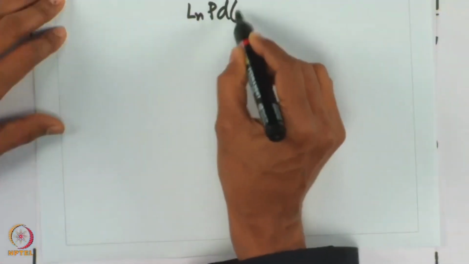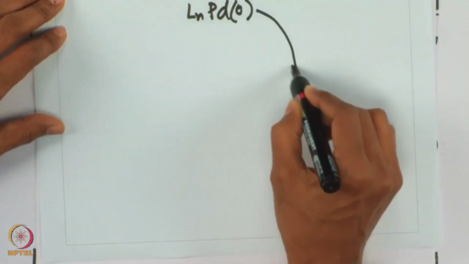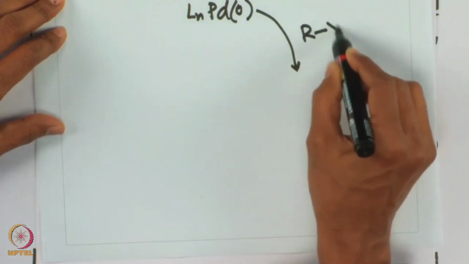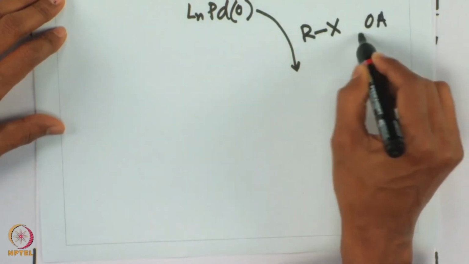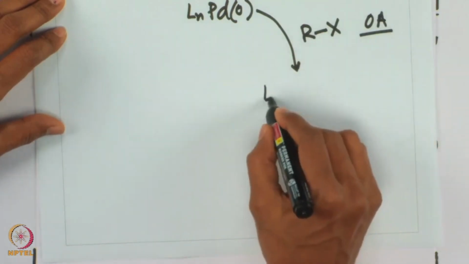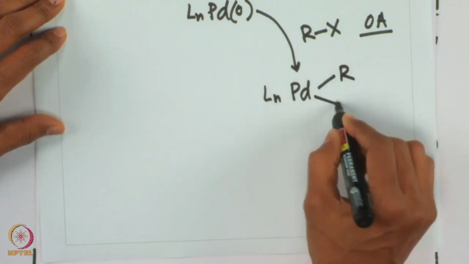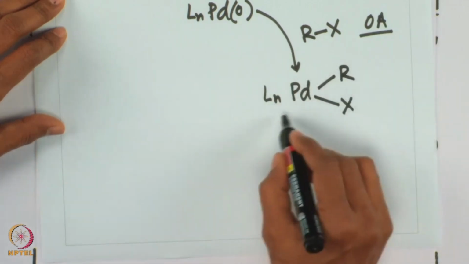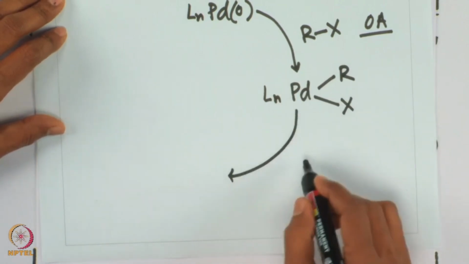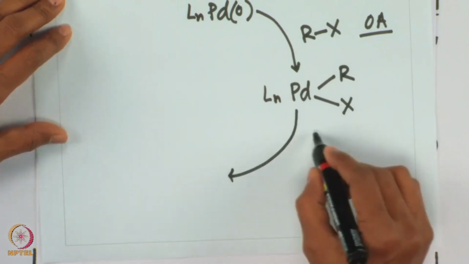Let us look at the mechanism, which should be simple at this point, since we were discussing quite similar reactions previously. The reaction mechanism will involve again ligand palladium(0) complex. It will react with RX, that is the step which is oxidative addition, and from there we have the ligand palladium R and X intermediate. This is the oxidative addition intermediate. We will have from there the transmetallation.